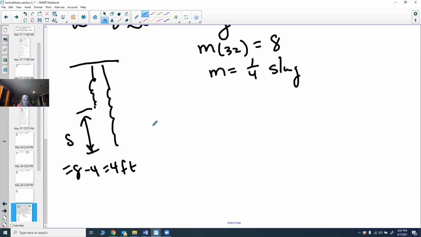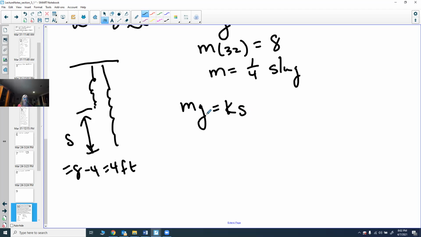Okay, so now the next thing we need to find out is what is my K actually equal to? So remember your spring constant: mass times the acceleration due to gravity is equal to K times S, if we're stopped, if we're not going anywhere, because the force due to gravity cancels out the spring force.